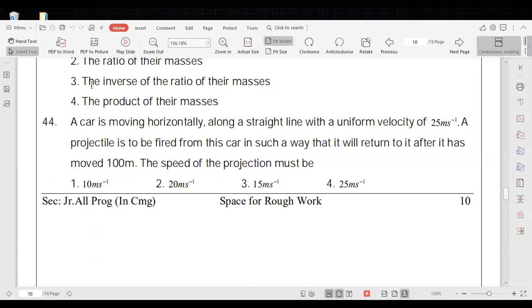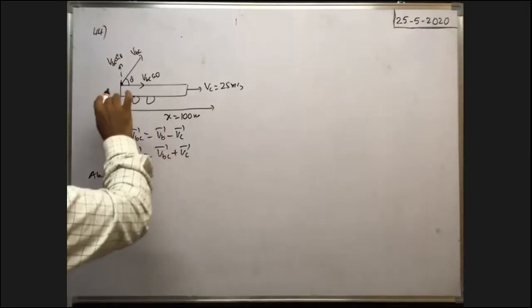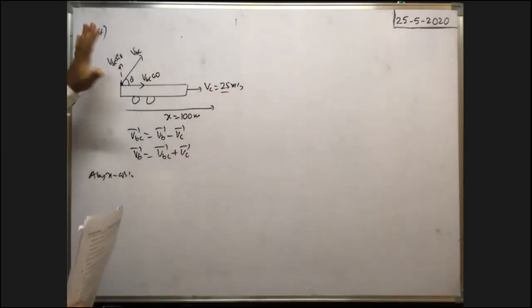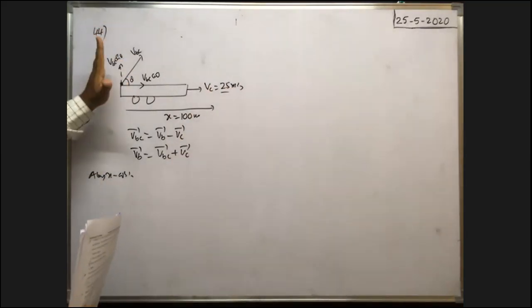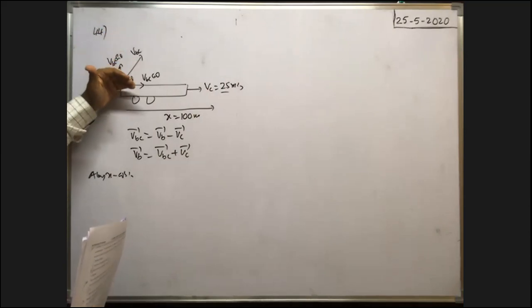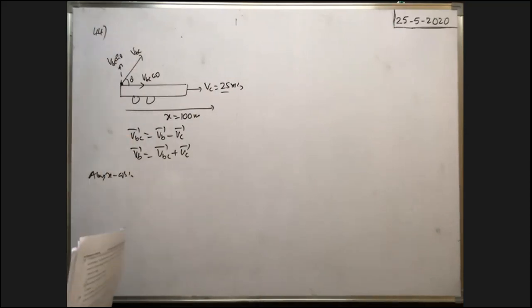Okay, all of you see here. It is an important problem. Here you see the car traveling in this direction with a velocity of 25 meters per second. In which direction the body is thrown is not given. That's why the velocity of the body with respect to car is at an angle theta. Say we imagine theta. What is theta? We have to find.